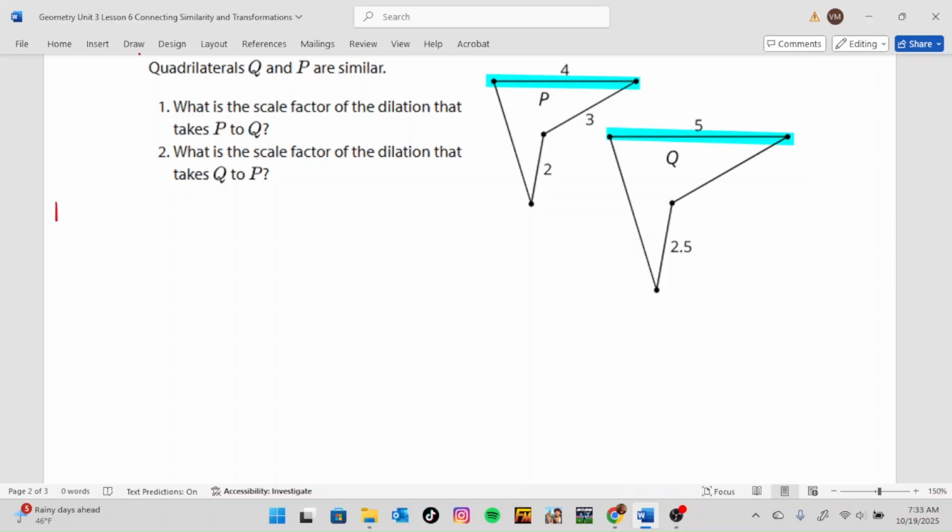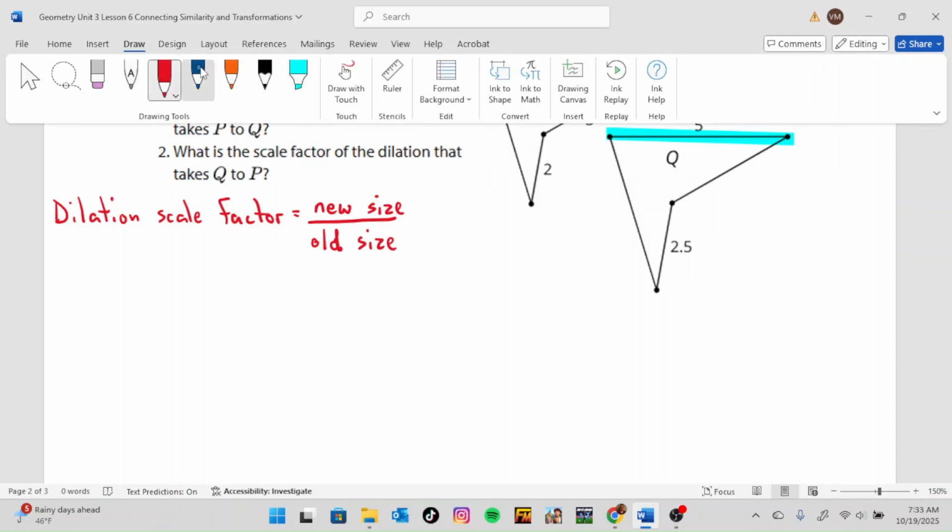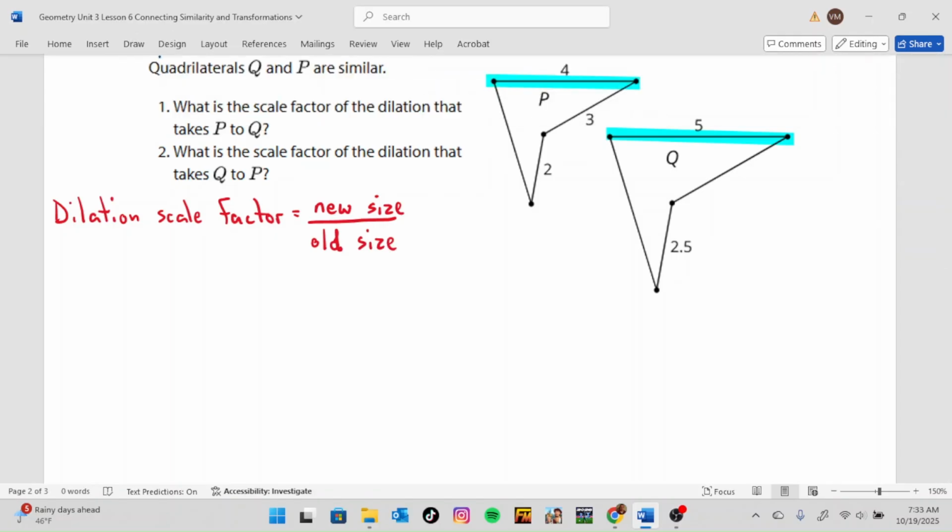Your dilation scale factor is always your new size divided by your old size. So when we look at number 1, we're going from P to Q.